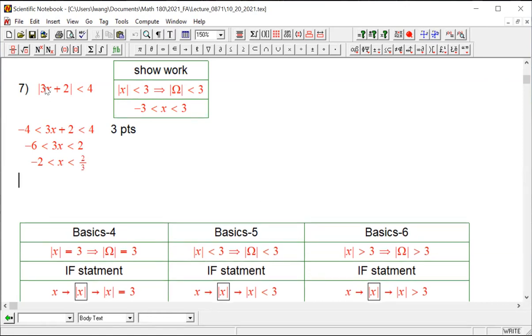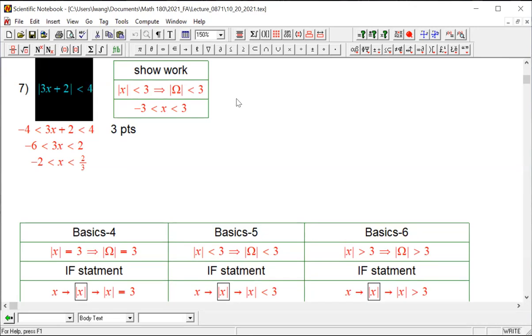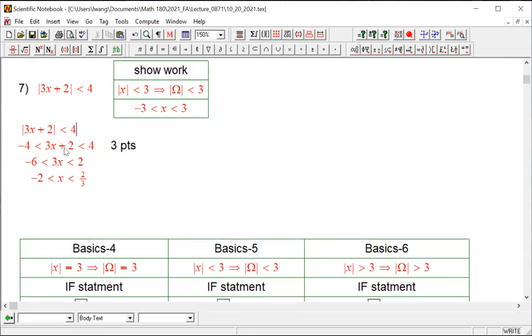I'm done, finished. That's the kind of work I wish to see from my student, the preferred work. Is that clear to you? I've shown you the preferred work in both cases, larger than, smaller than. And yesterday we had all those other cases.